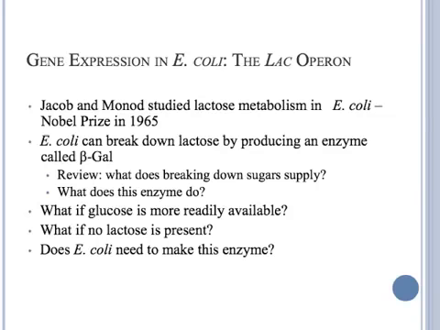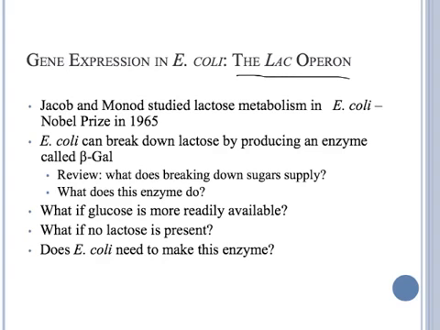So we are going to only look at one example of one gene. We're going to look at expression of the protein that breaks down lactose in E. coli. I want you to have an appreciation that every single gene is regulated differently, and we're only looking at one example. That will give you an appreciation of how complicated this system actually is.